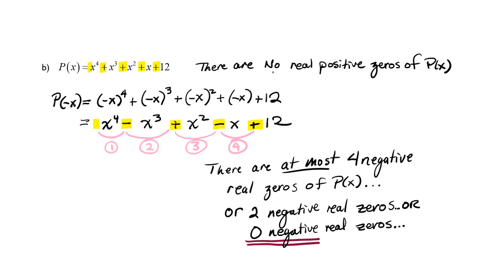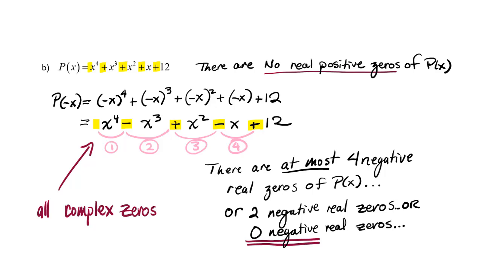There are also no real positive zeros. They are all complex zeros, which is very interesting.